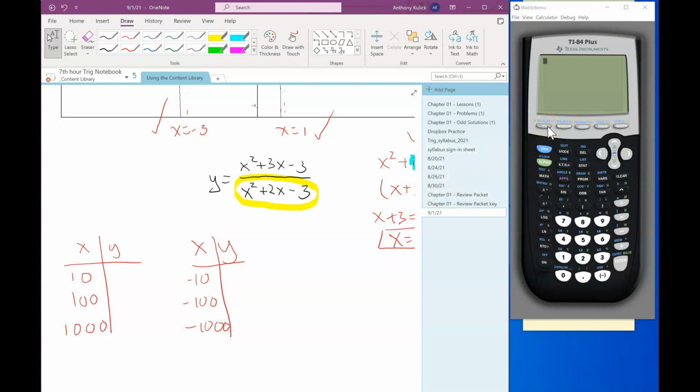The easiest way for me to get the values of y is I'm going to go to the y equals menu. I'm going to type in my function here. So because this is a fraction with addition and subtraction in the numerator and denominator, I'm going to have to make sure that I put parentheses around the numerator and denominator separately. So I have a parenthesis around the entire numerator, and then division, and then a parenthesis around the entire denominator.